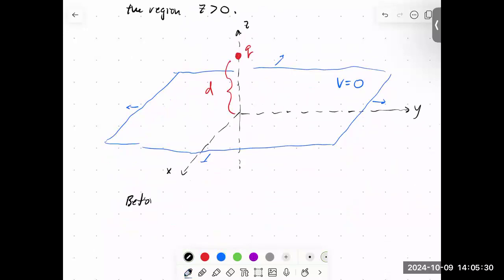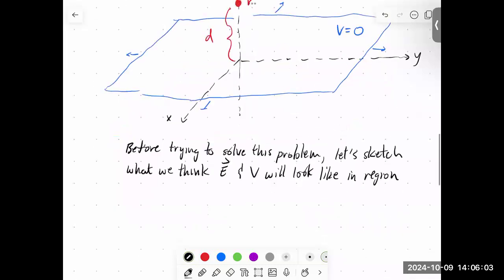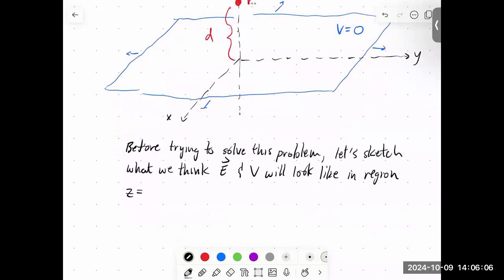So before trying to solve this problem, let's sketch what we think E and V will look like in the region Z greater than 0.